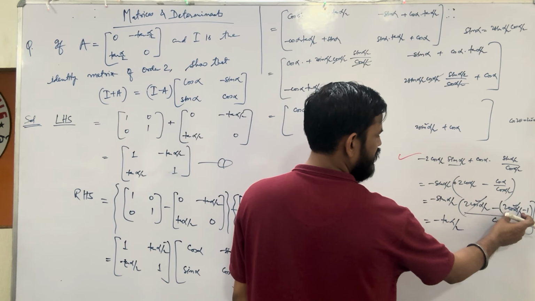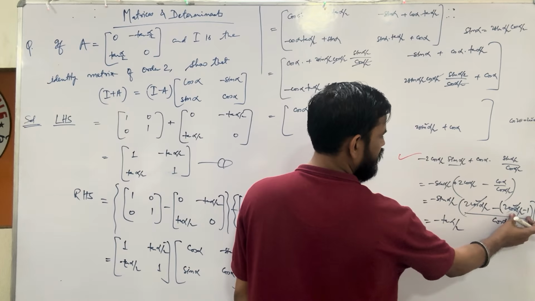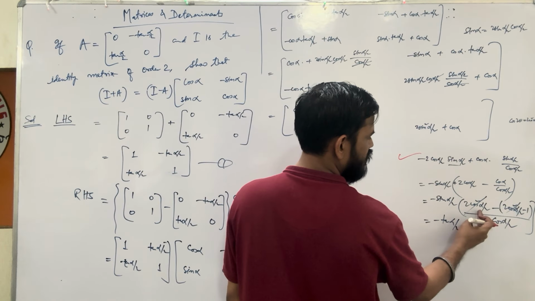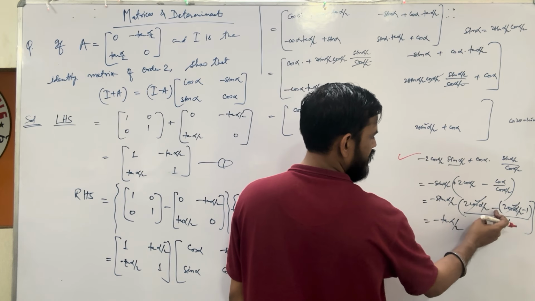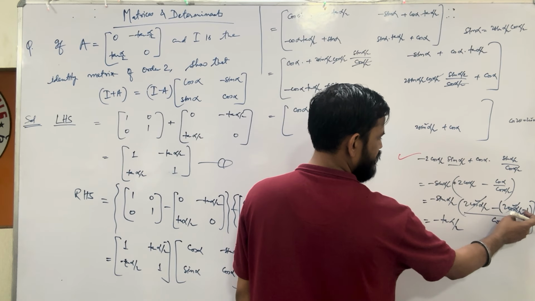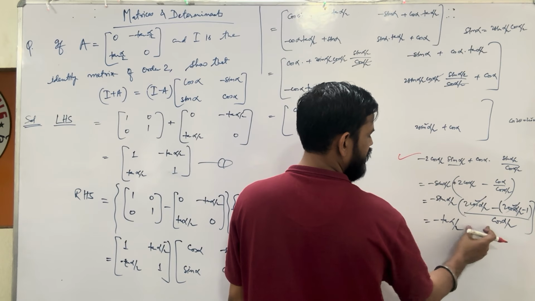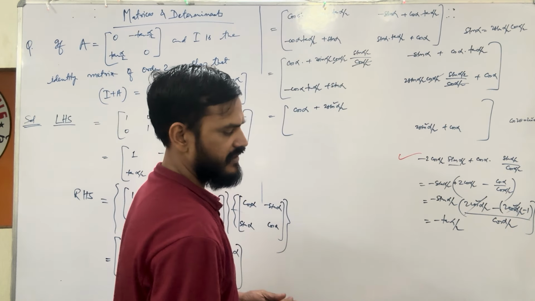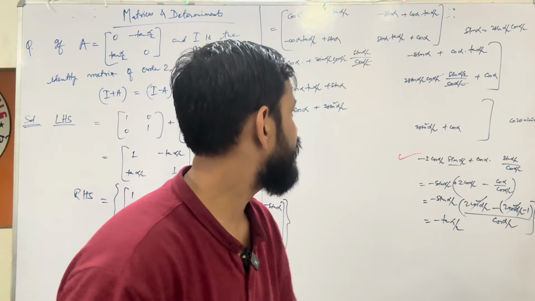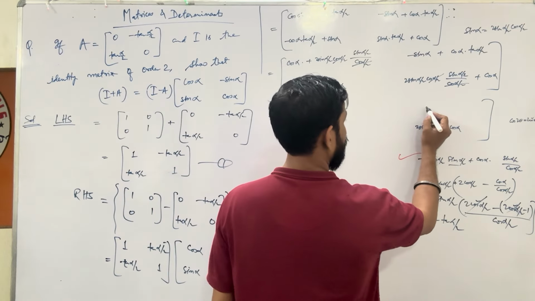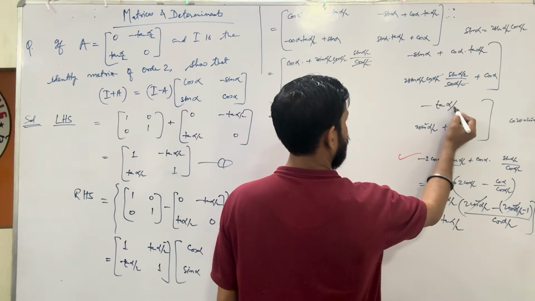Now for cos alpha we will use the identity 2 cos square alpha by 2 minus 1. Now this cos square alpha by 2 gets cancelled. This minus becomes plus, so this is plus 1 divided by cos alpha by 2. Now this sin alpha by 2 by cos alpha by 2 becomes minus tan alpha by 2. So we can write here minus tan alpha by 2.